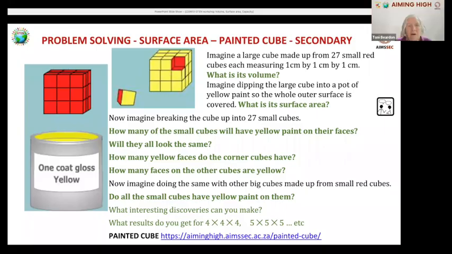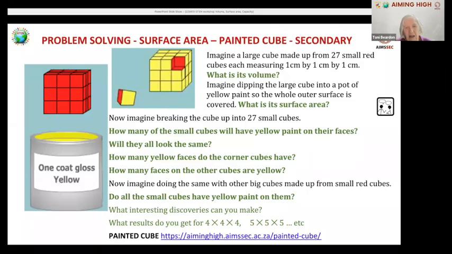As experienced teachers, you can probably imagine that there's quite a lot of questions to ask. We've asked some of them here, quite a lot of questions to investigate, think about and talk about. Do you remember early on we talked about doing something, talking about it and recording your results?